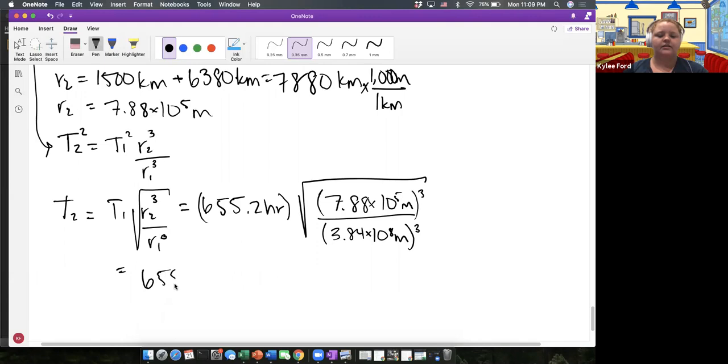I'm going to break it down into a couple steps here. 7.88 times 10 to the 5th cubed divided by 3.84 times 10 to the 8th cubed, square root of that number.